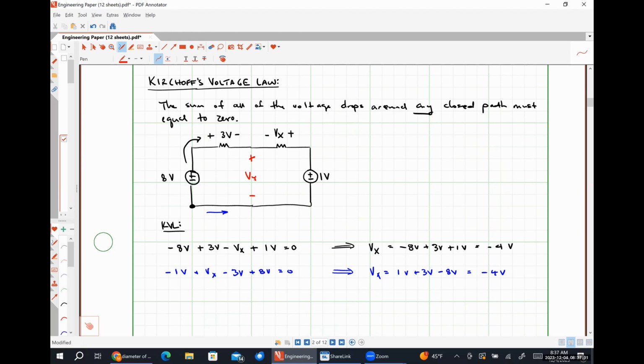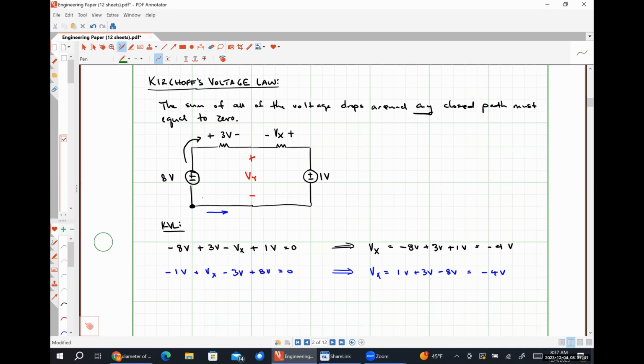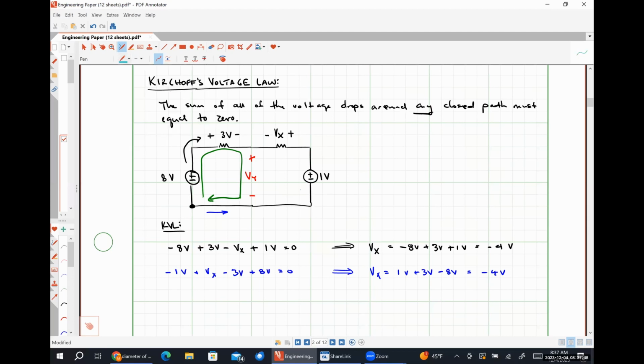There is definitely no current flowing through the open circuit in the middle, but we can still observe a voltage drop. So my path for this might be this path. It could alternatively be this path, and we could change the direction on either one, but we can still apply Kirchhoff's voltage law to figure out what this particular voltage is.